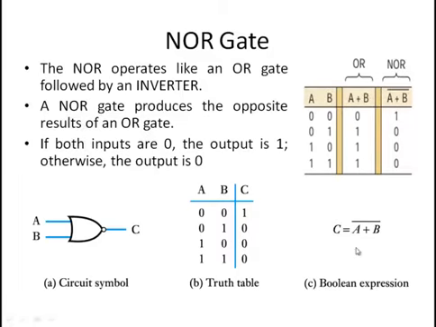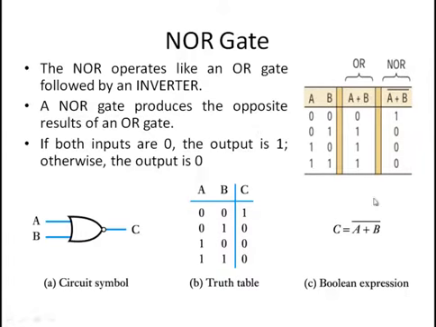Its Boolean expression can be this, that is C is equivalent to A plus B, where A plus B is OR, and marking this bar over the A plus B expression makes it the expression for the NOR gate. The NOR gate hence produces the output which is opposite to that of the OR gate.